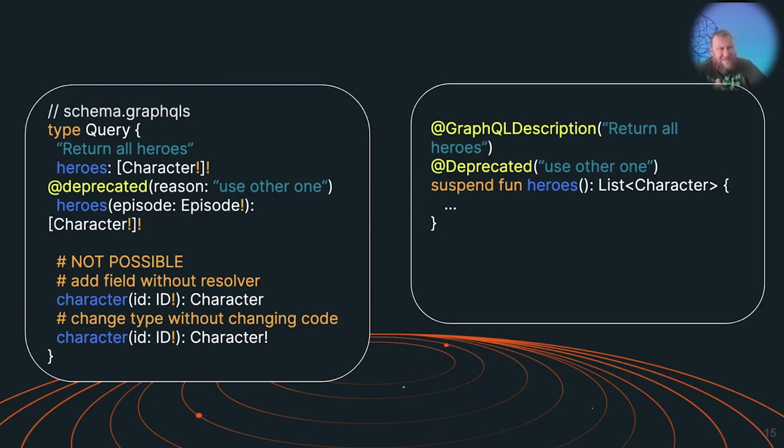And similarly, this is the way that you do the directives, right? So in GraphQL schema, you can apply those directives in different locations. In code, you again just apply an annotation. And here I'm using the actual Kotlin built-in deprecated annotation, which translates to the corresponding GraphQL deprecation as well.